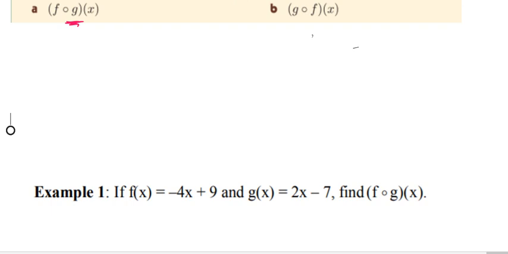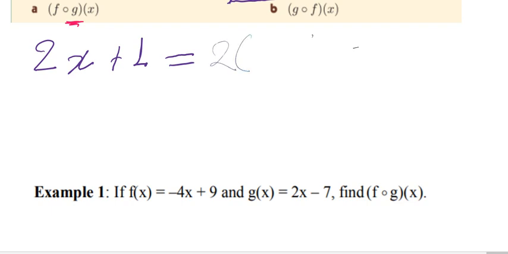So, for example, I write 2x plus 1, that's my f, and instead of writing 2x, I need, every time I see x, to put this part.